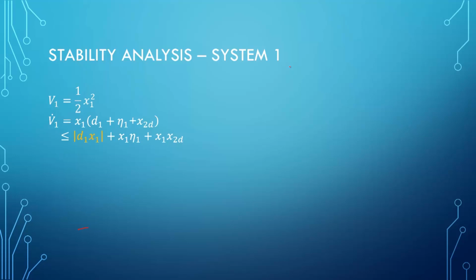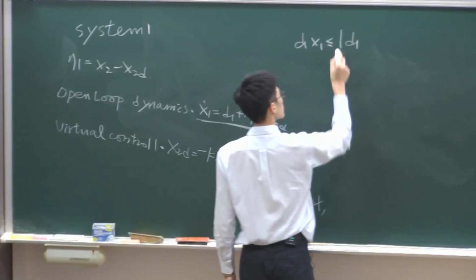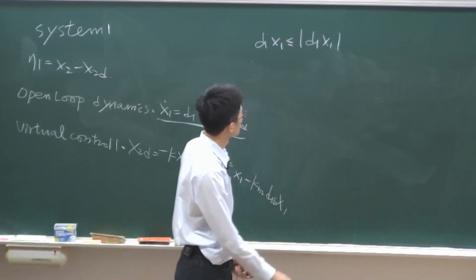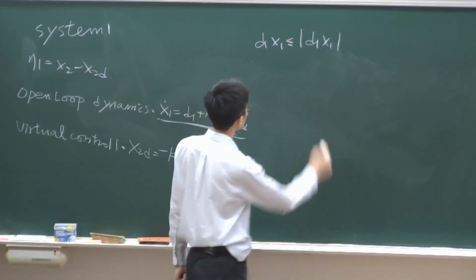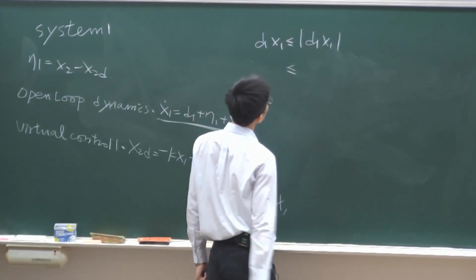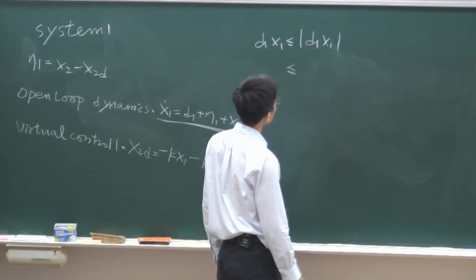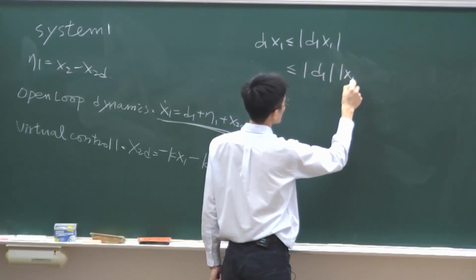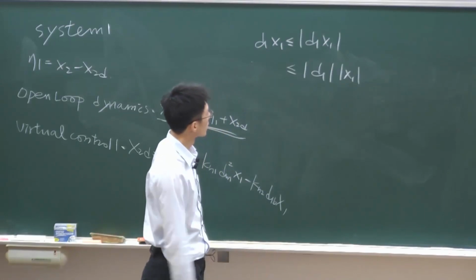And for the rest, it's just the same. Then d1 x1, the product, can be upper bounded by its absolute value. And this can be further upper bounded by this, right?